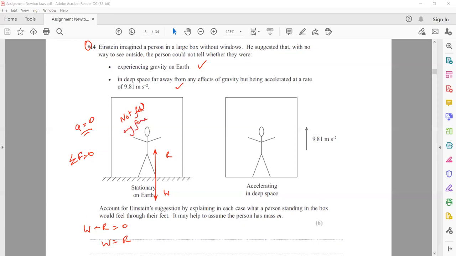Is this first part clear? The person who's stationary on the earth's surface inside a box without any window has his weight acting down and a normal contact force acting up. Because he's not accelerating, he's at rest, so he will not experience any resultant force.